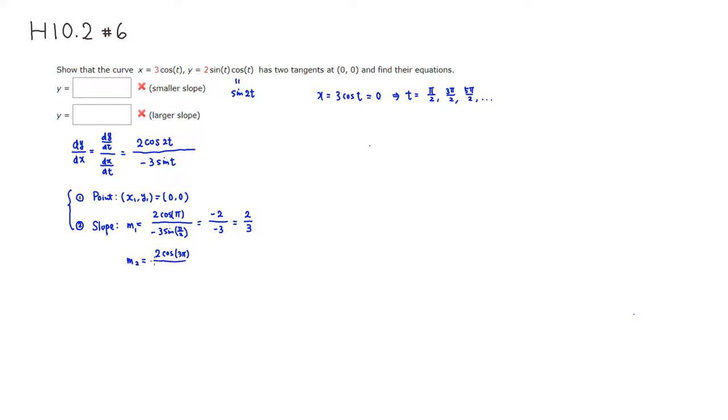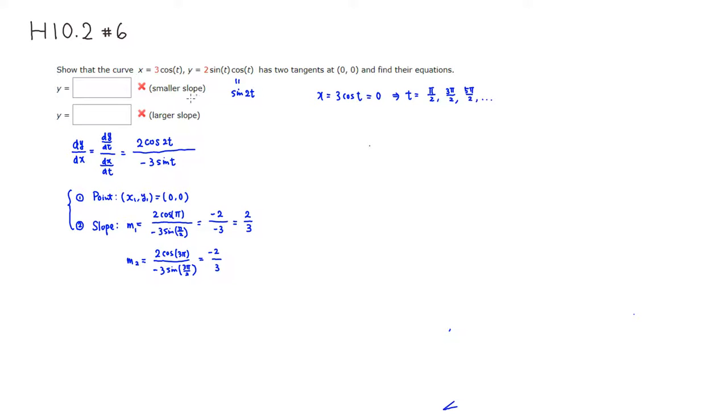Then you have negative 3 sine of 3 pi over 2. Sine of 3 pi over 2 is negative 1, so you're going to get positive 3. And the cosine of 3 pi is still negative, so it's negative 2. So we have negative 2/3.